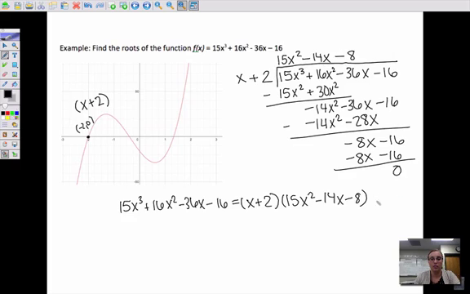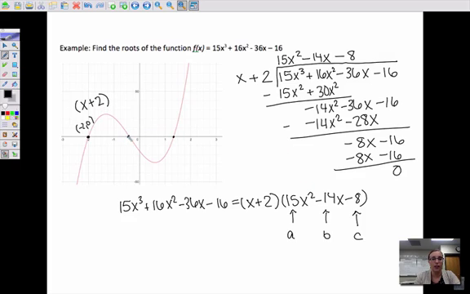And there's no remainder at the end, so this is equivalent to this. Now all I need to do is find these remaining two roots here by applying the quadratic formula. So I would use 15 for A, negative 14 for B, and negative 8 for C, and then I would plug those into the formula and I'd find my other two roots.